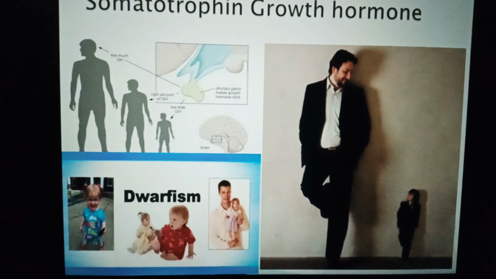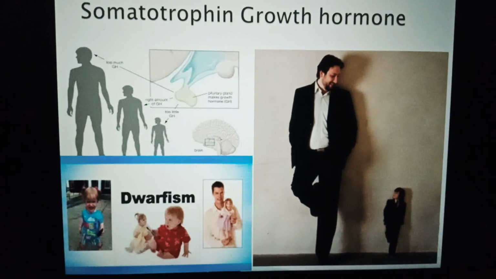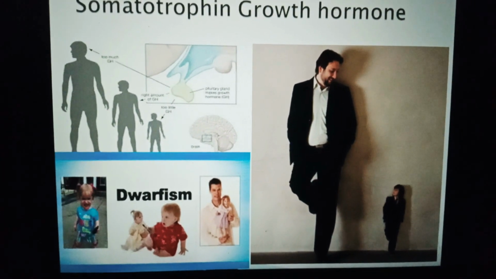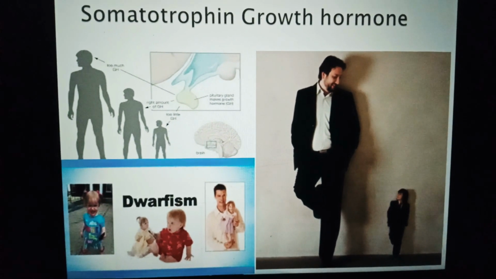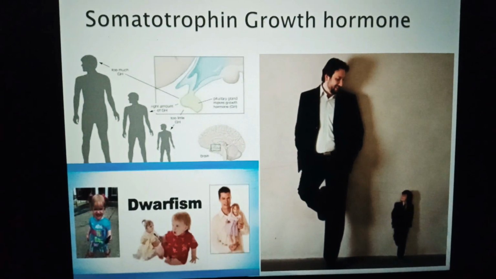This condition is called dwarfism. And if this hormone is excessively produced during the growing age, it leads to gigantism, which means very tall and overweight.